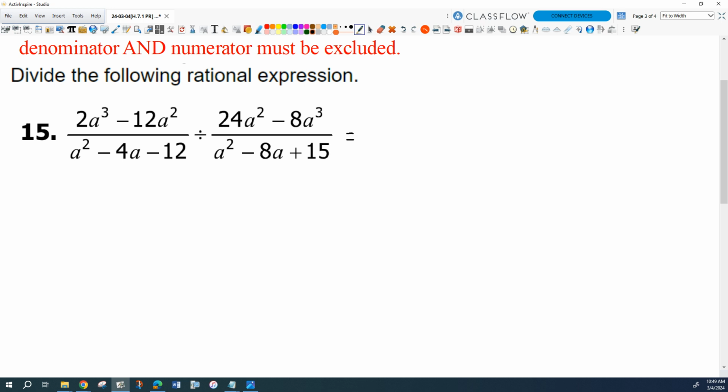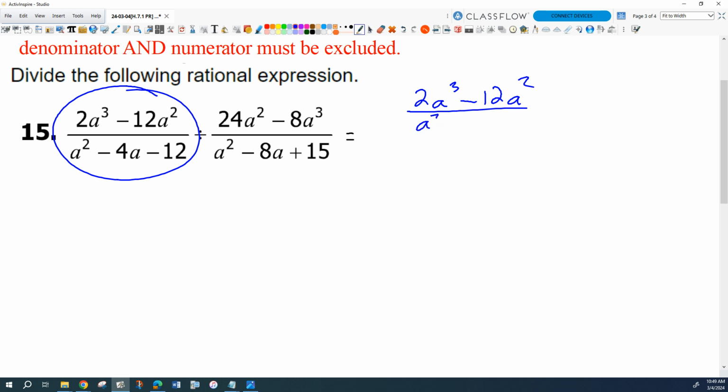So this is equal to, before we do anything, this rational expression on top, divided by the stuff that's in the bottom, so it's divided by the other fraction.